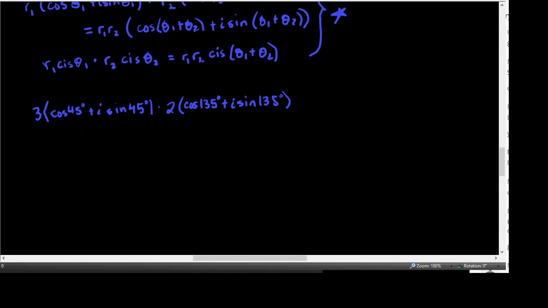Okay, so that's going to be 3 times 2 times the quantity cosine of 45 degrees plus 135 degrees plus I times the sine of the same angle, 45 degrees plus 135 degrees.